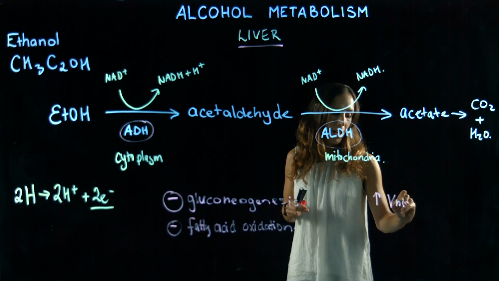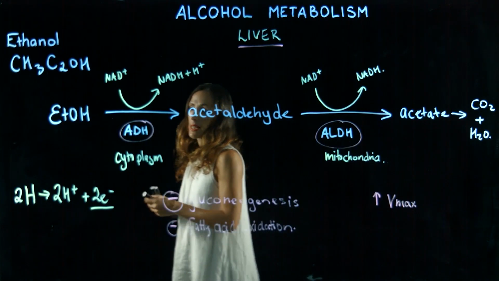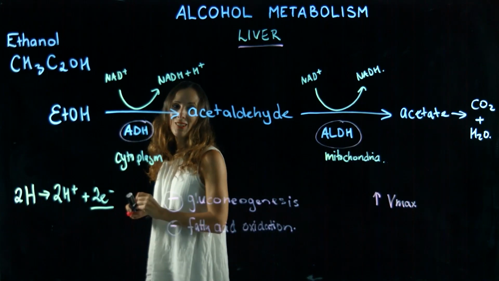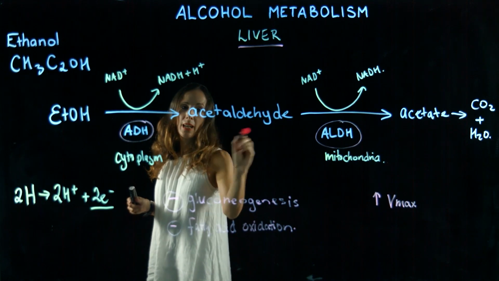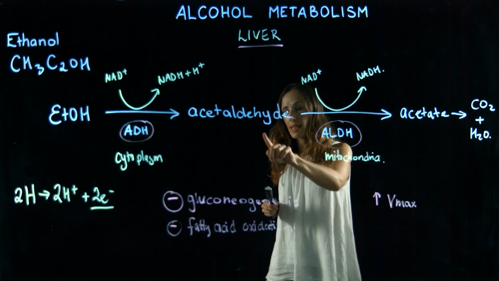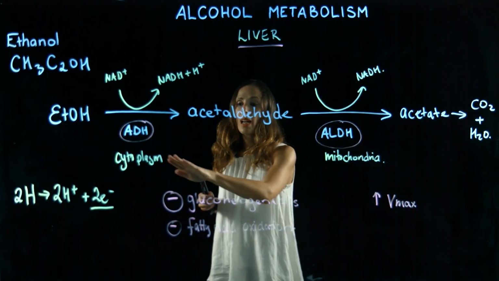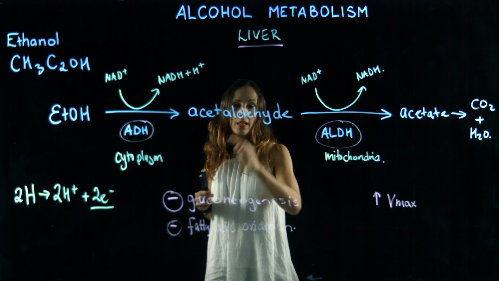That means our enzyme is more efficient and it's taking more ethanol and producing more acetaldehyde. This means we have an increase in this product in people with this variant of the enzyme, and this is a toxic product.